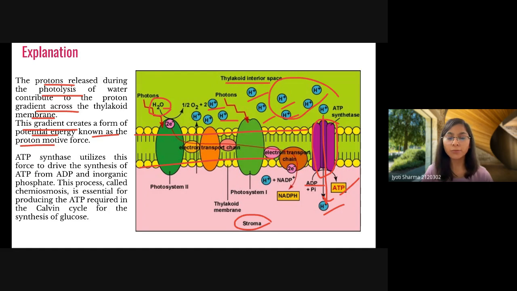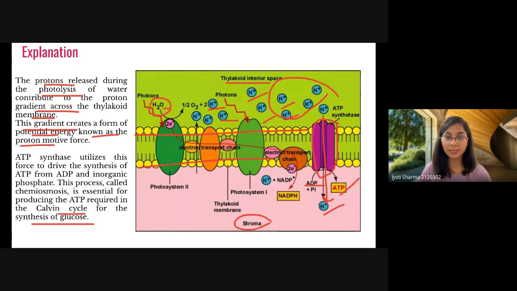It is the proton motive force. ATP synthase utilizes this force to drive the synthesis of ATP from ADP and inorganic phosphate. This process, called chemiosmosis, is essential for producing the ATP required in the Calvin cycle for the synthesis of glucose.